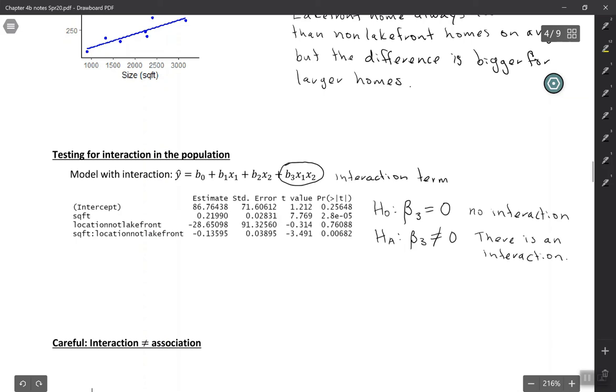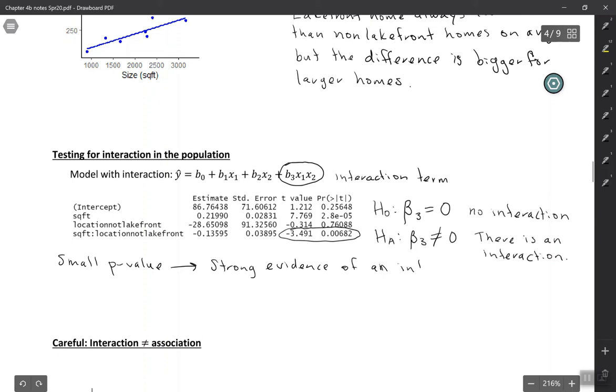But we're going to test this just like we would any other slope. We're going to use this t statistic and p-value that go with our new interaction term. Because we have a small p-value here, that's going to give us strong evidence of an interaction, and we do want to talk about this in context.